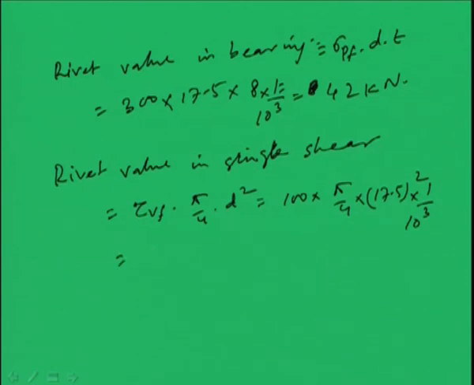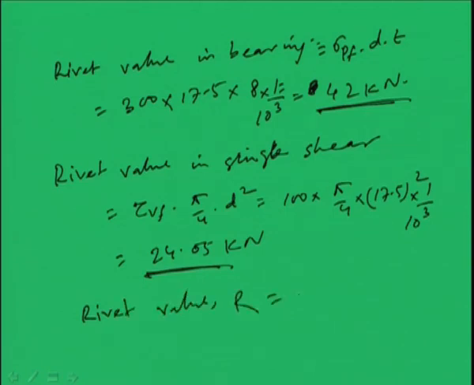So, this is coming around 24.05 kilonewton. Now, the rivet value will become the lesser of these two. So, rivet value, which is denoted as R, will become 24.05 kilonewton, right.